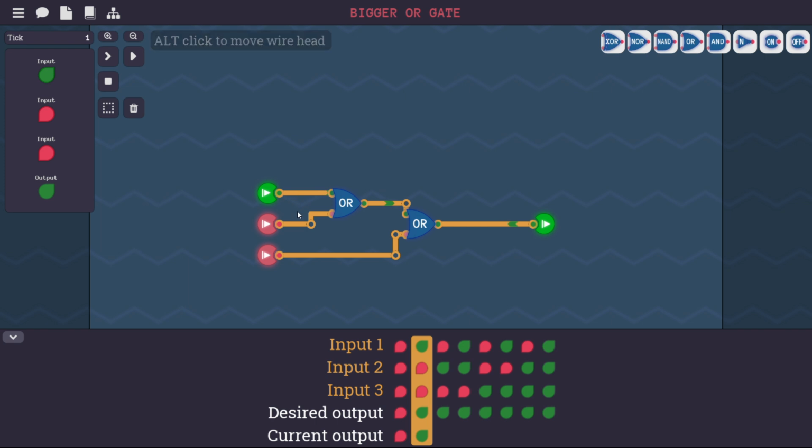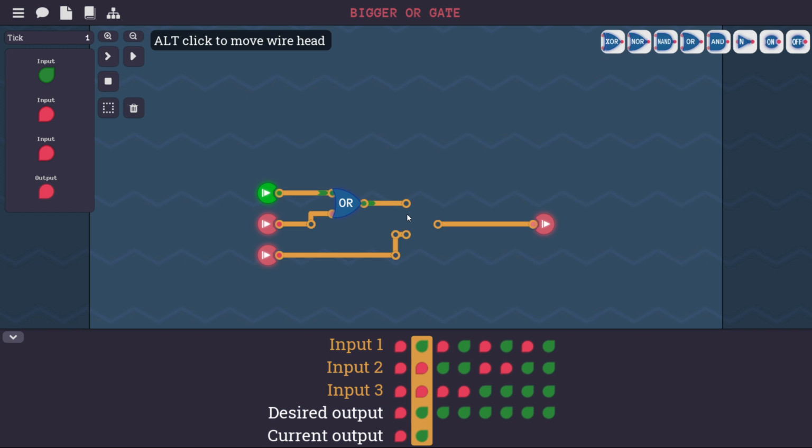So as we can see, either of these can be true to output a signal, or both of them. And after that, we also compare the output of these 2, which is represented by this one output, with the final one. So I guess this is how we chain the OR gate to create a larger gate.